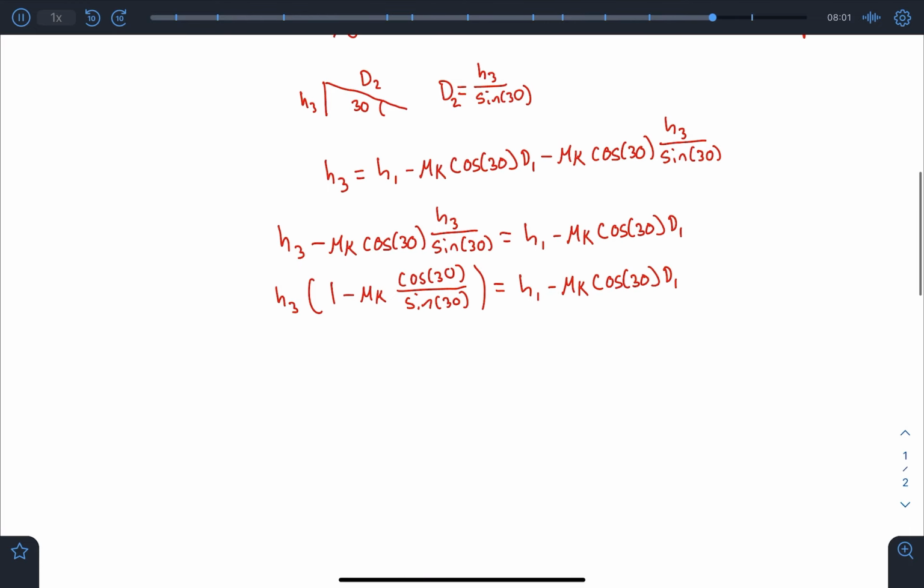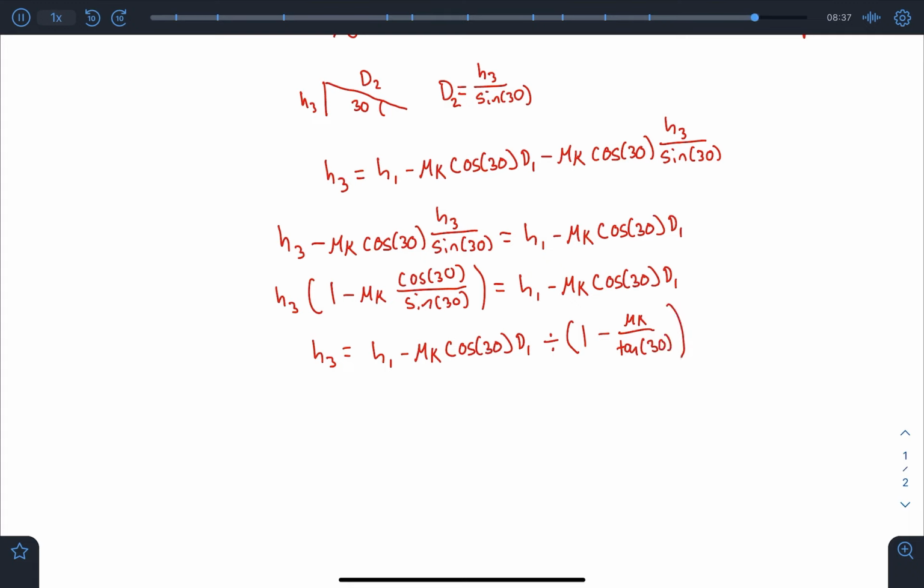And we know cosine 30 over sine 30 is just 1 over tan 30. And so we can rearrange again and get that our final height is equal to our initial height minus our coefficient of kinetic friction times cosine 30 times that d1 distance, divided by 1 minus our coefficient of kinetic friction over tan 30.